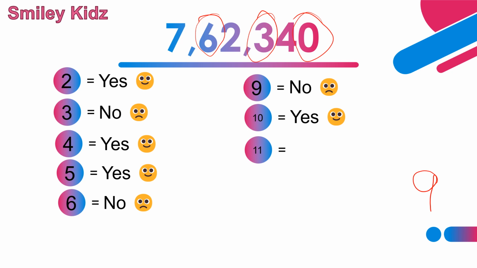Means 7 plus 2 is 9. 9 plus 4 is 13. So, here we should subtract. Now, 13 minus 9 is equal to 4. So, when we minus 13 and 9, we get the answer as 4, which is not divisible by 11. So, 7,62,340 is not divisible by 11.